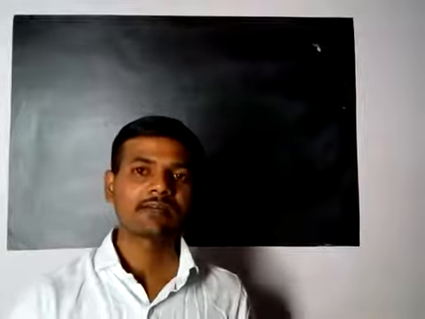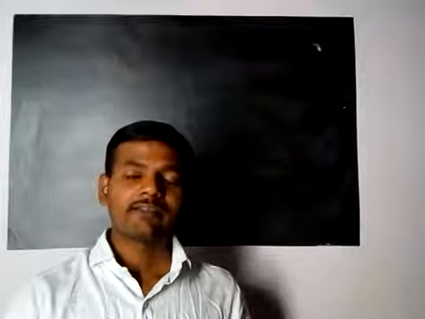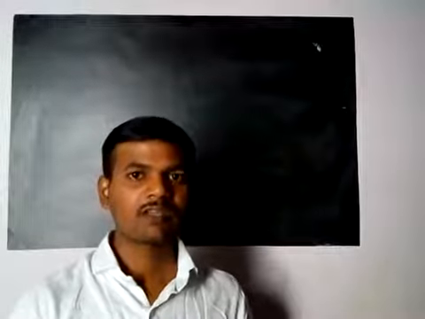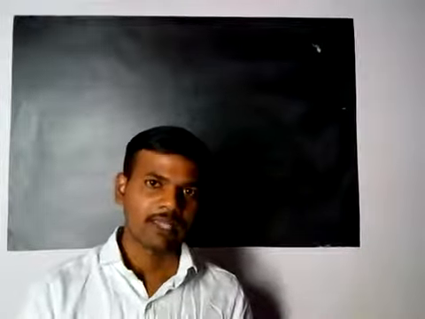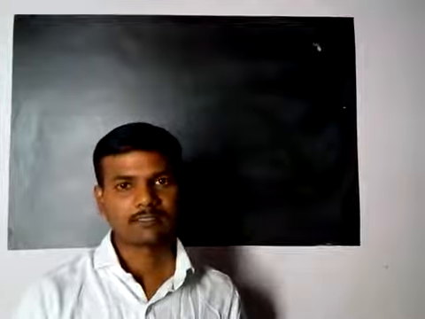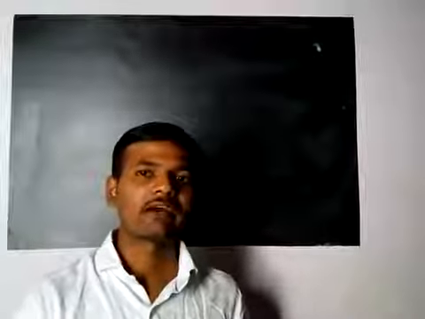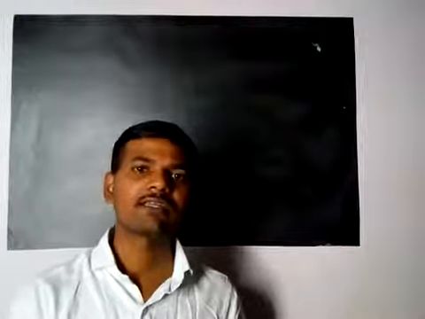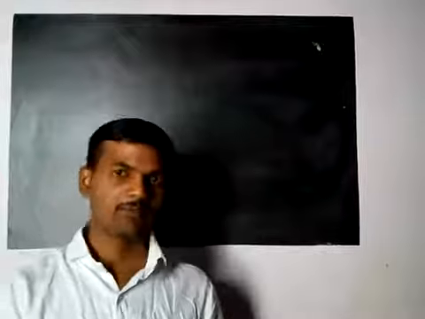So today, I am before you to discuss irrational numbers. How can we say the numbers are irrational? As we know from decimal expansions of numbers in the previous classes, if the numbers have a finite number of digits, then we say they have a terminating decimal expansion and they are rational numbers.